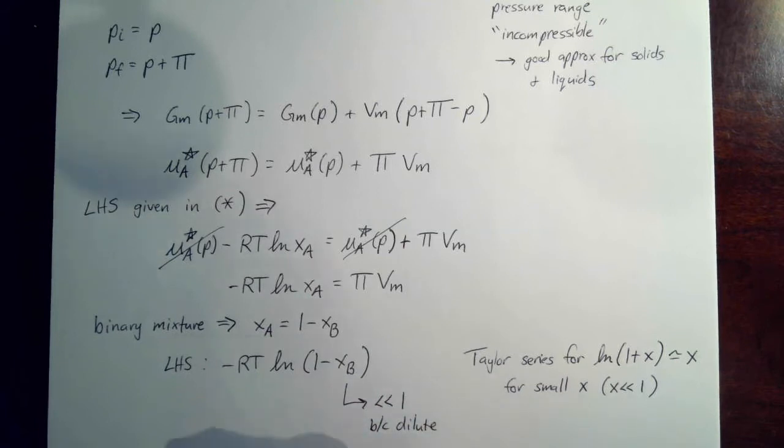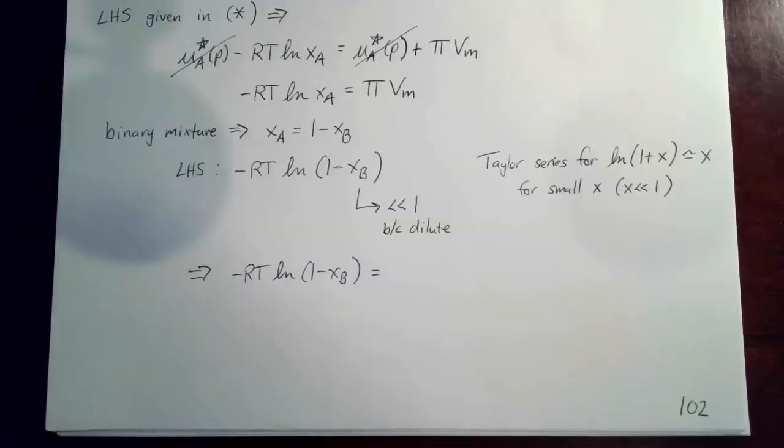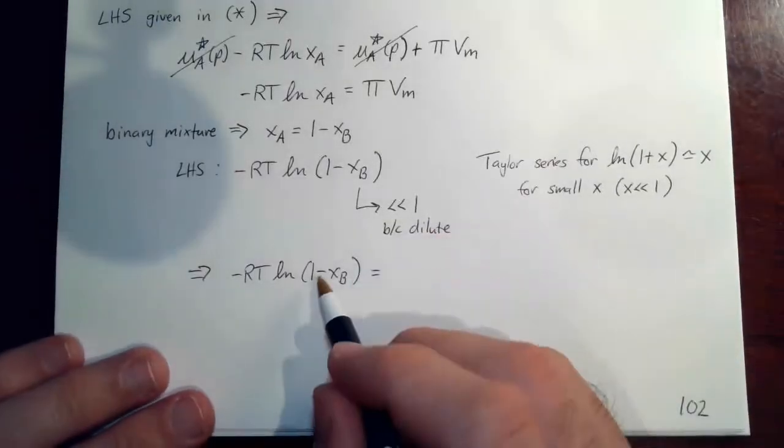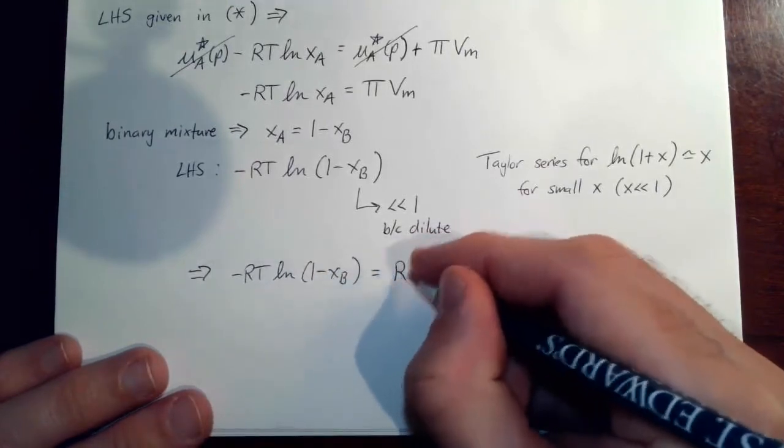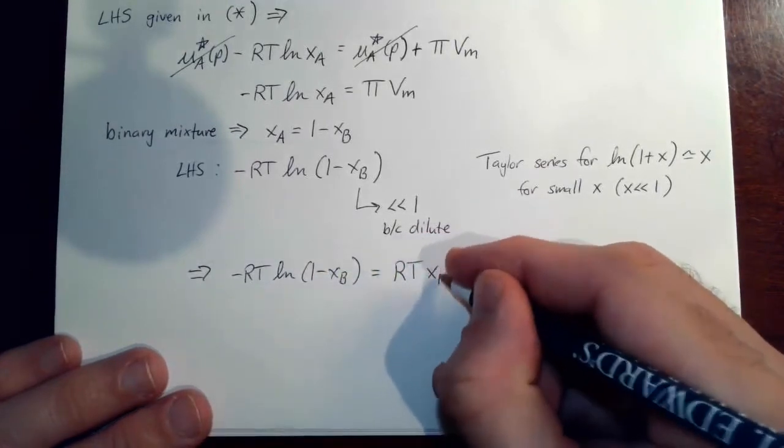So using that, I can approximate ln of 1 minus xb as just negative xb. And so the negative and the negative xb is going to cancel this negative, so I get RT xb.